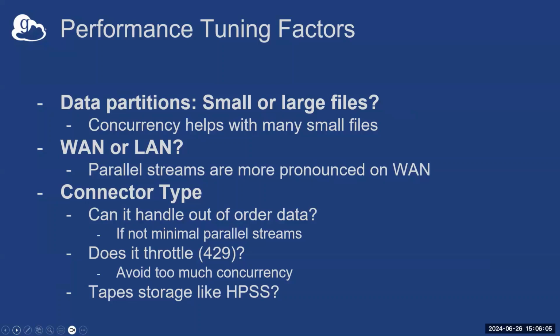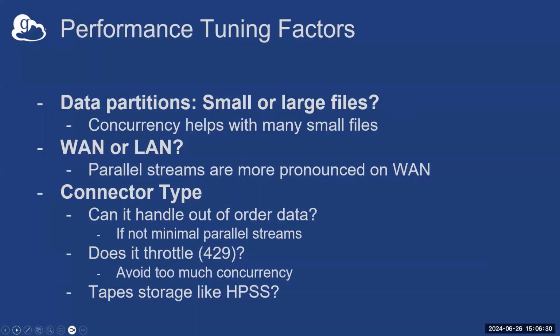Is there latency between the 2 endpoints? That's more what I mean than on a wide area network. If the network between the 2 endpoints has high latency, parallel streams affect that more. The penalty for dropping a packet on a WAN is so much worse than on a local area network. So parallel streams really kind of shine in that, but they do help on a local area network as well. That's kind of case by case.